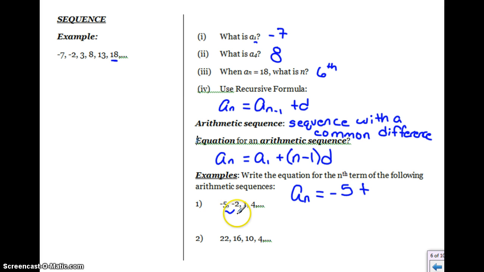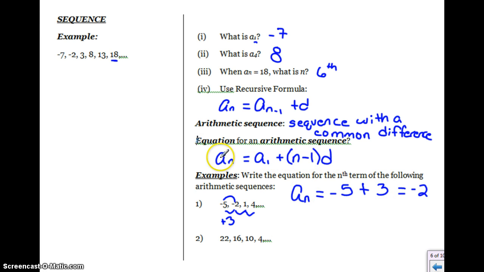To get from -5 to -2 and 1 and then 4, it looks like we are adding 3. So d would be our 3. That's our common difference. Okay? And to get the next number, -5 plus 3 would give me -2, which it does. So to get from -5 to -2, I have to add 3.